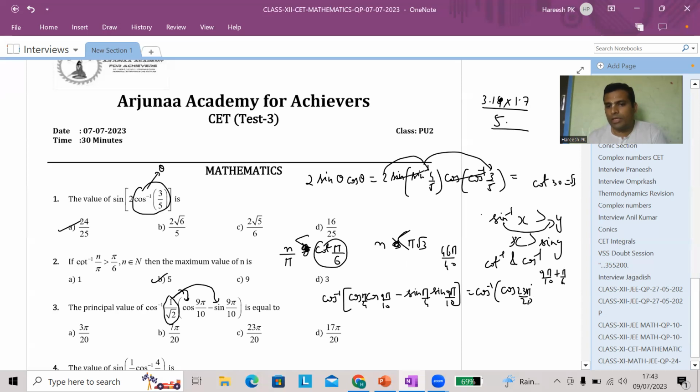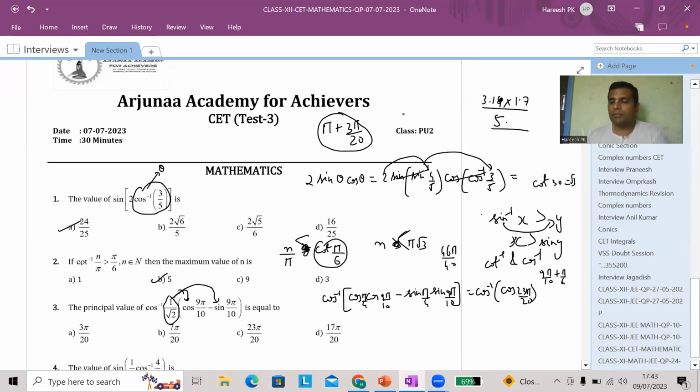But we know that for me to cancel cos inverse and cos, the theta must be within 0 to pi, right? So 23 pi by 20, I can write as pi plus 3 pi by 20. But you know that if you have to cancel, you have to get it less than pi, right?